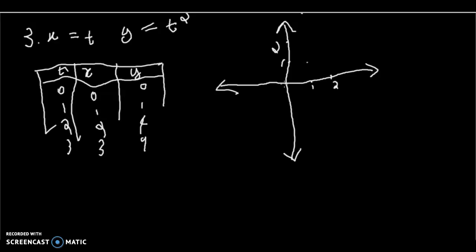Then 1, 1 and 0, 0. Then 2, 4, suppose that is here, and so on. So the graph is again of this form. This is going upwards. This is the graph, right?